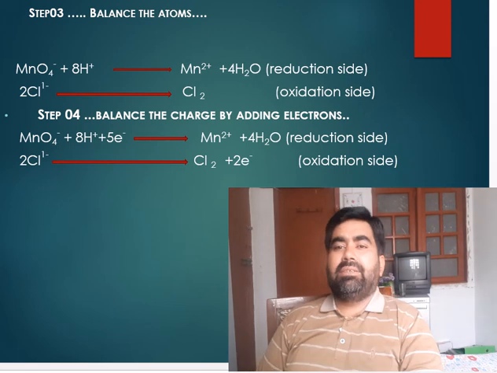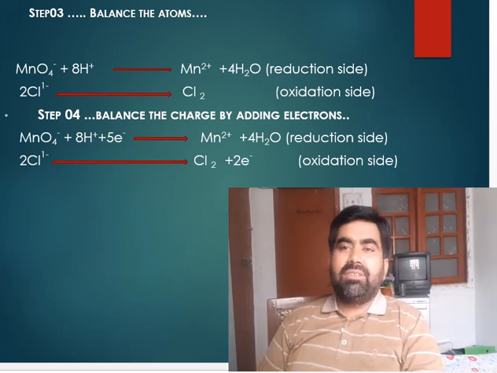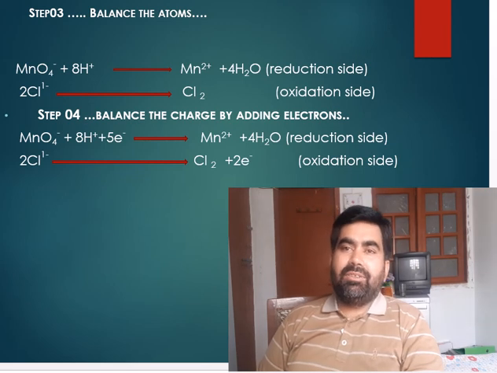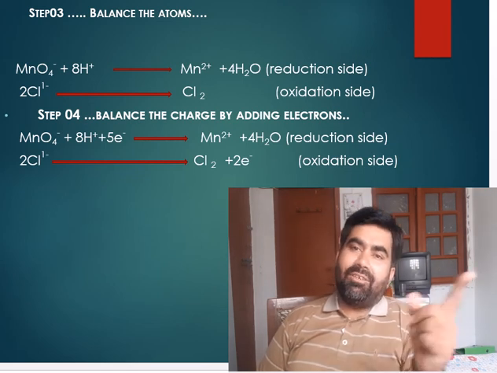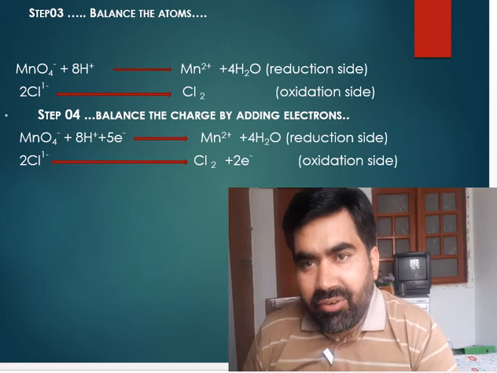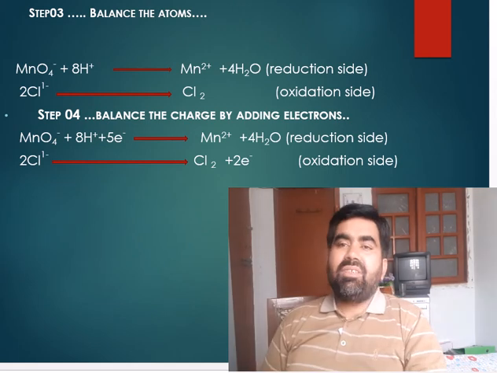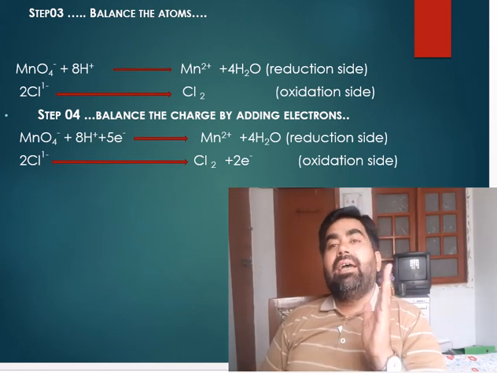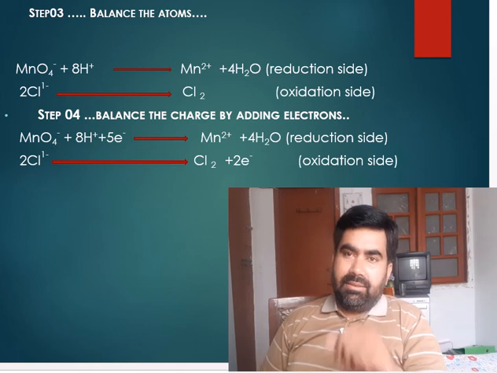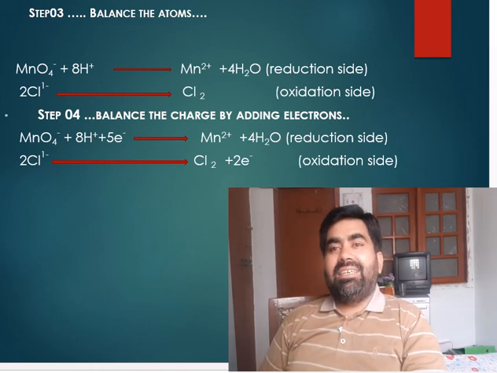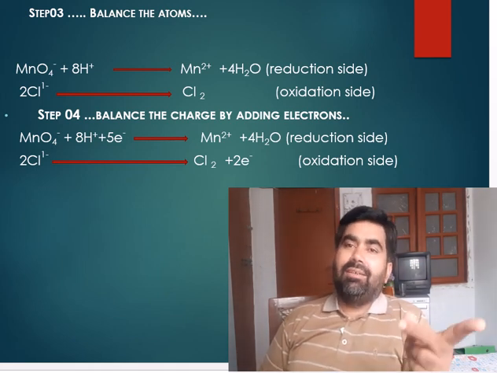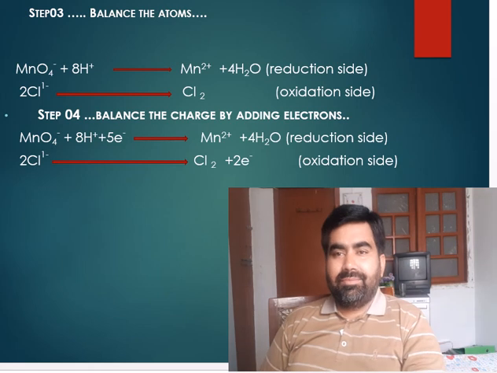There is also a point that whenever you balance the oxygen with water in an acidic condition, you will also add double the number of hydrogens on the reactant side. Double the number of hydrogens means, when you add 4 water molecules, you are going to add 8 hydrogens on that side. To balance those 8 hydrogens, you have to add 8 protons on the reactant side.